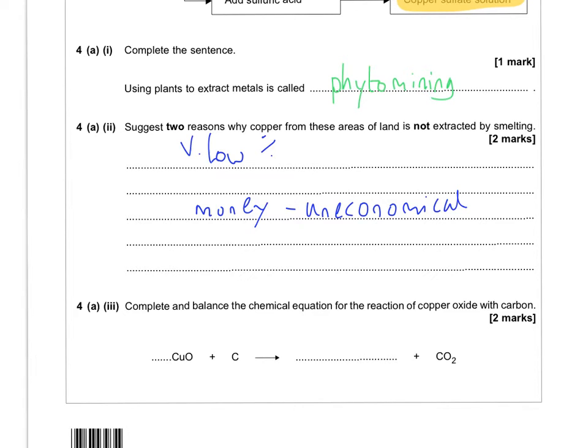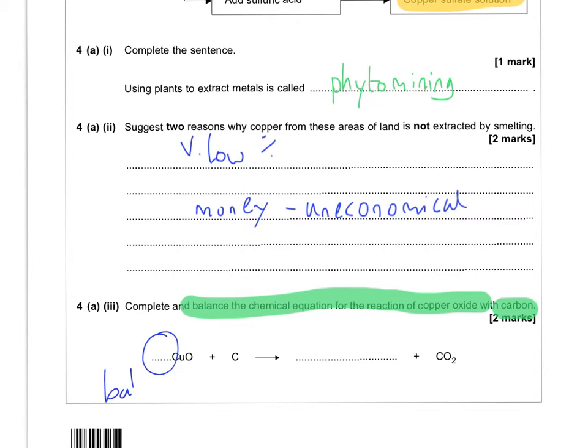Question 4a, balancing symbol equations. So balance the chemical equation for the reaction of copper oxide with carbon. Okay, so first thing, we have got some blanks here. Okay, this one here is for balancing. Where you see a longer one, it's for writing the name of a chemical.